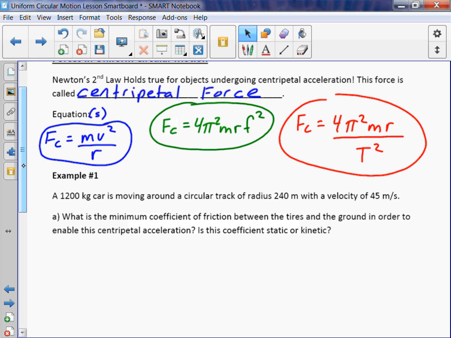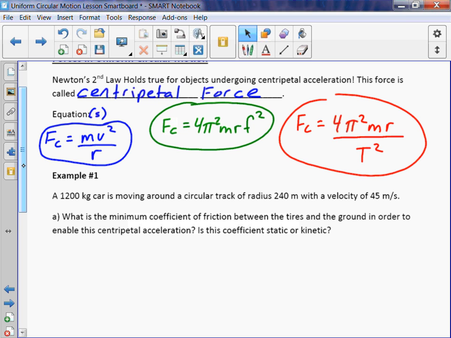Okay, so why is this centripetal force and not centrifugal force? Really good question. Centrifugal force is the apparent force that is seemingly experienced from the point of view of the observer experiencing circular motion.